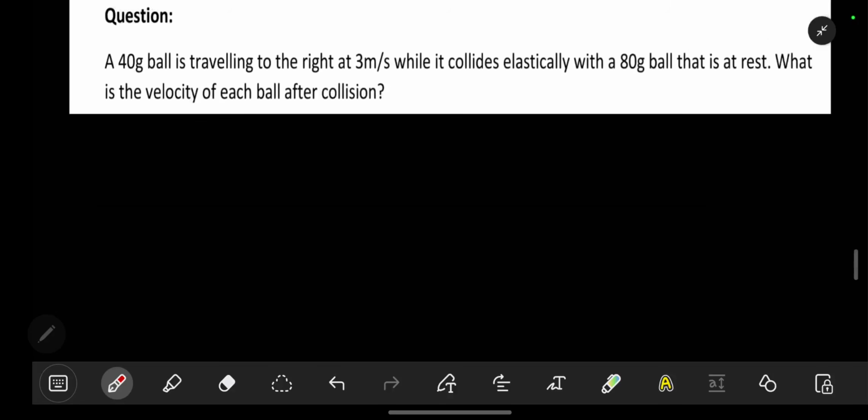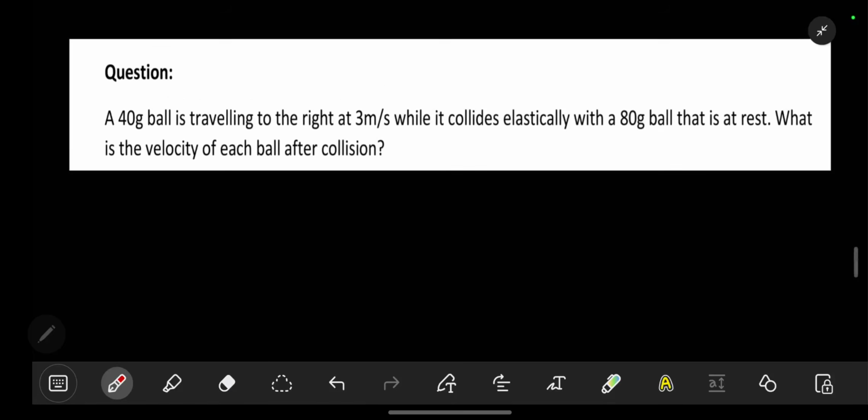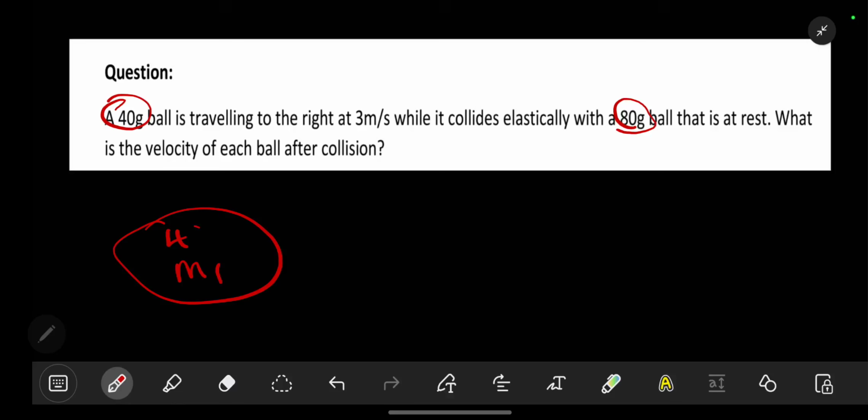So for the mass, you just have to convert, because the momentum has to be in kg. So we are going to convert these masses. Let's call this one mass number 1, which is the 40 grams, then the one which is 80 grams.